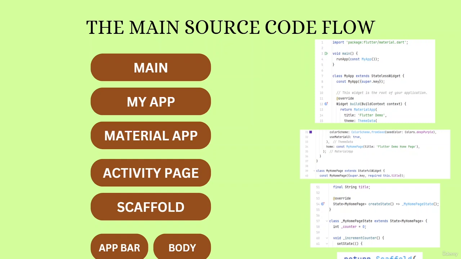Inside the activity page, you need to have a scaffold. Over here, it says return scaffold. So what are scaffolds basically? A scaffold contains the app bar, the body, and the navigation bar. It contains all of these things.